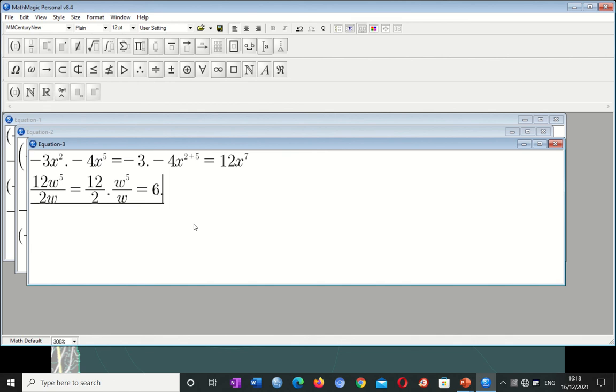And here I have w to the power 4. Why? Because it is division, and when it is division, I subtract the powers. If it has nothing here, it means 1. And this is equal to 6w to the power 4.